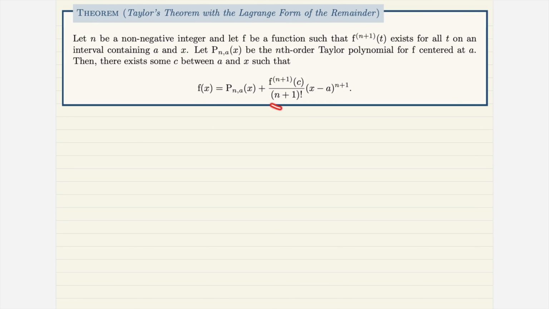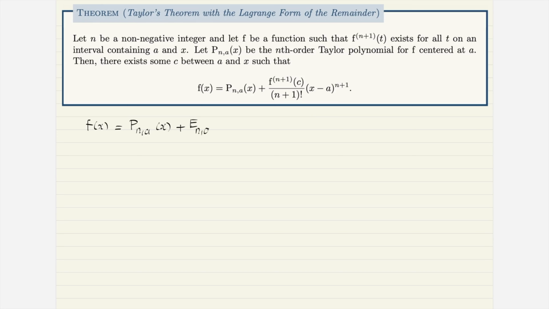It's simply the remainder. And in your book, this term is denoted by E sub n and a x, and of course, as usual, if a is known from the context, we just suppress it from here and from there as well. So in other words, we can write that f of x is equal to p n and a x plus that remainder, which is denoted by E for error.